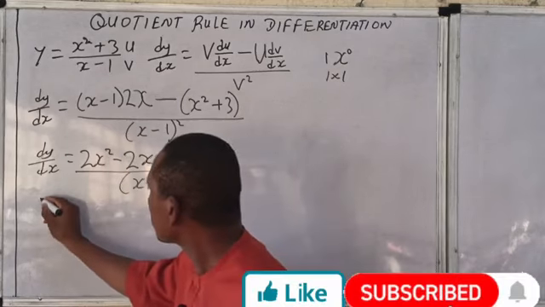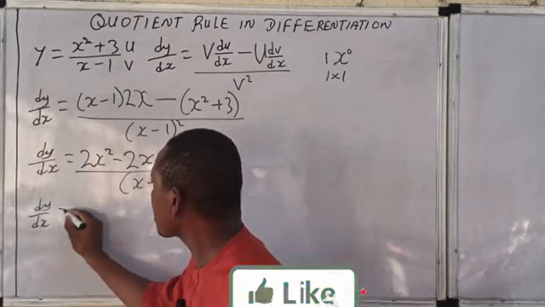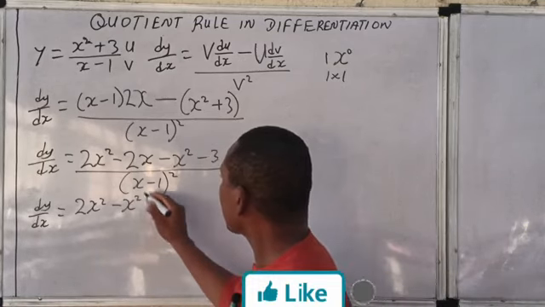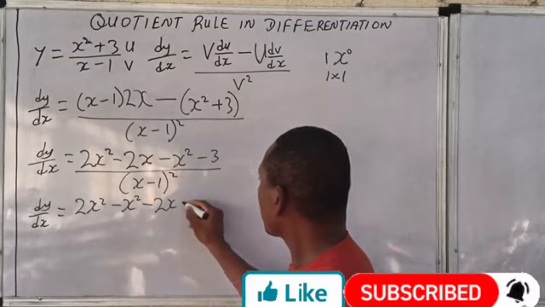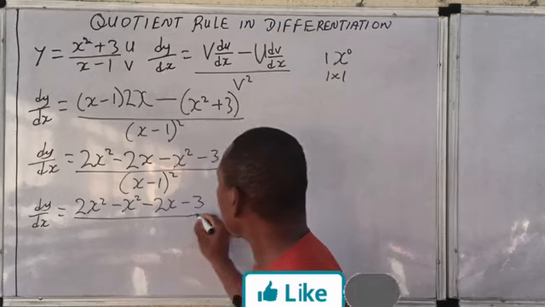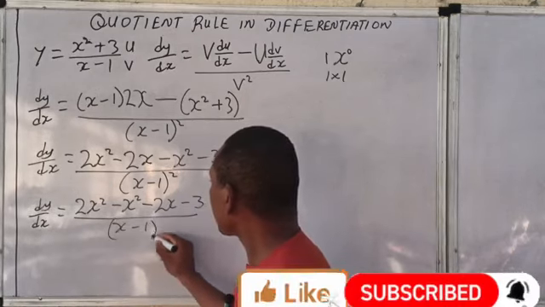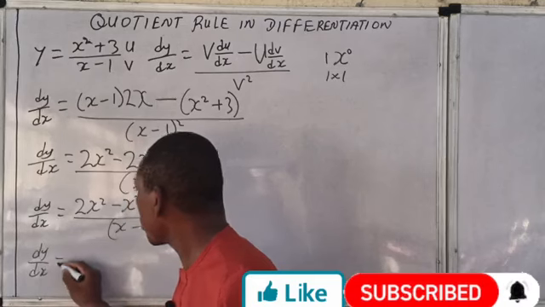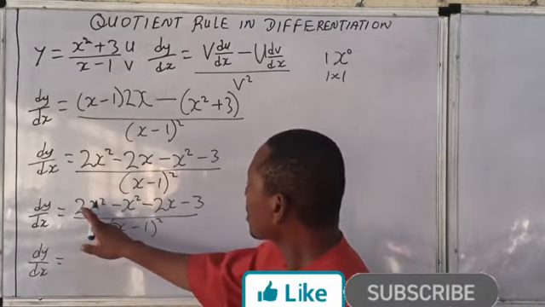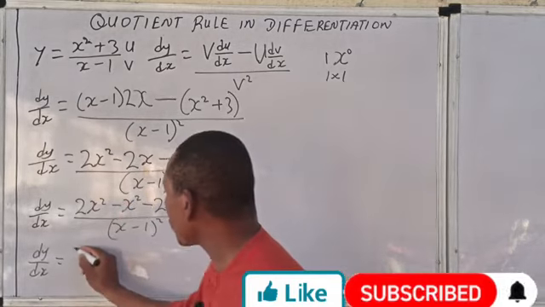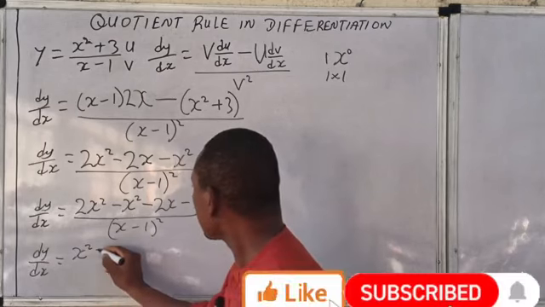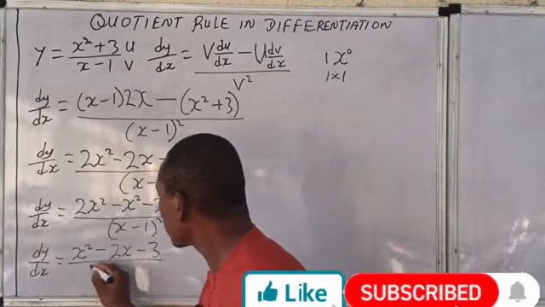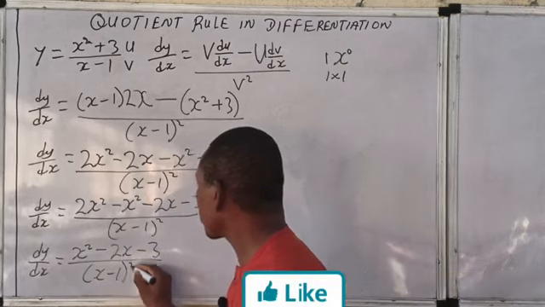So we now have dy/dx is equal to 2x squared minus x squared minus 2x minus 3, all over x minus 1, squared. So dy/dx is equal to, this is like 2x squared minus 1x squared, so you now have x squared minus 2x minus 3, all over x minus 1, squared. So this is the answer.